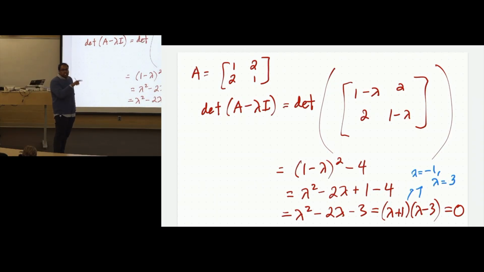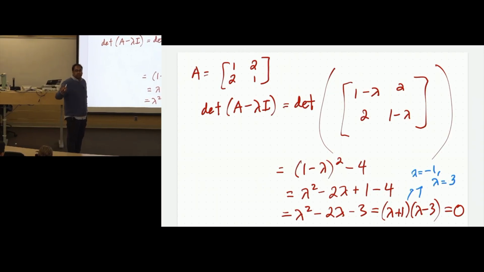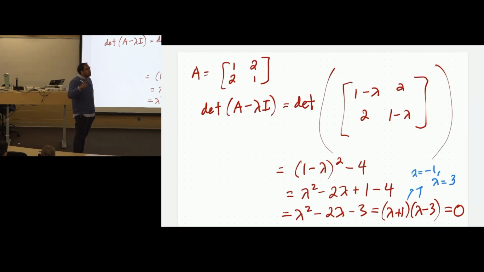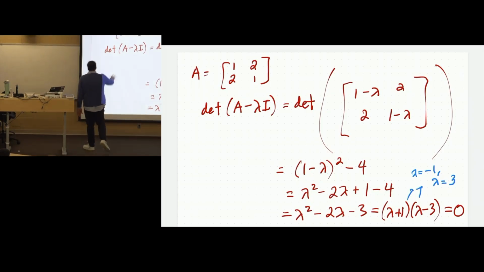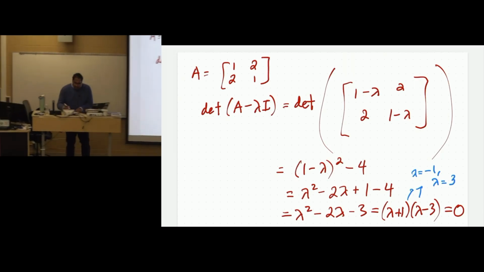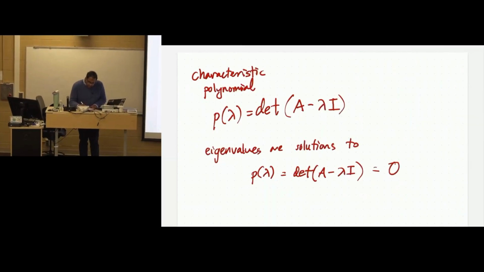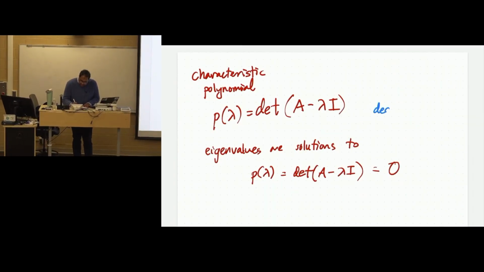And in the cases where it doesn't pass it n times, well then either it has some complex roots or it has a double or triple root. Okay? And so all of those are possibilities with the characteristic polynomial as well, but let me emphasize that this is a degree n polynomial.